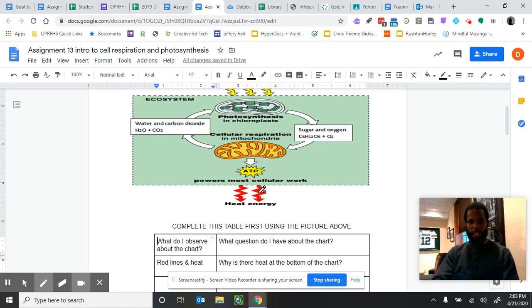So this comes out of us after we turn sugar into energy. It comes out of us, and that water that we sweat or urinate, and that air we breathe out goes back to the plant. So what comes out of this? Water, carbon dioxide, and ATP, which powers your cellular work.